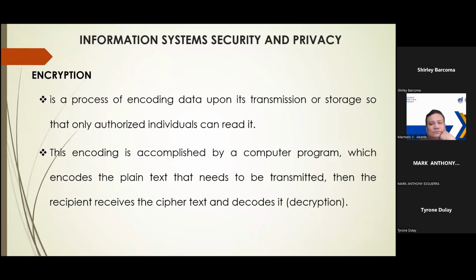So that's what we call encryption. For this to work, the sender and receiver need to agree on the method of encoding so that both parties can communicate properly. Both parties share the encryption key, enabling them to encode and decode each other's messages. This is called symmetric key encryption.